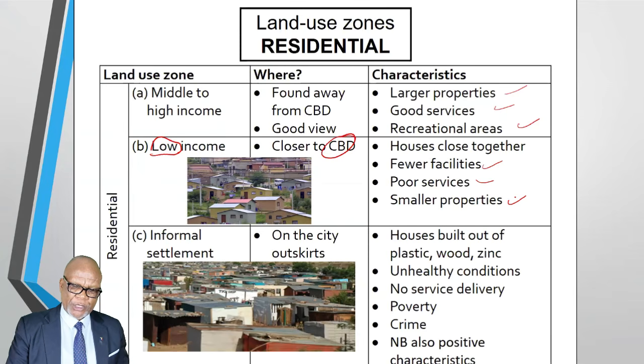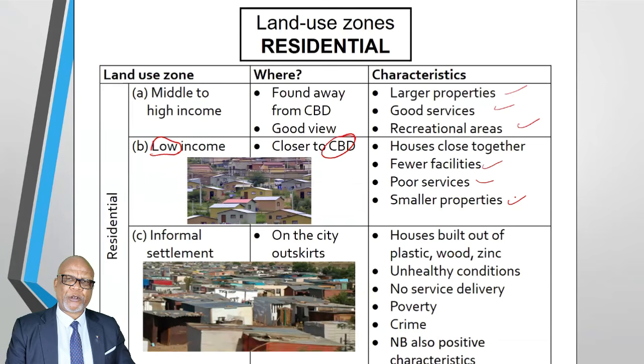It's also called an urban issue because informal settlements develop in urban areas mostly because people do not have an area or they don't have houses, and therefore they make a makeshift kind of buildings where they can stay. So it is a residential area. It is also considered to be an urban issue.